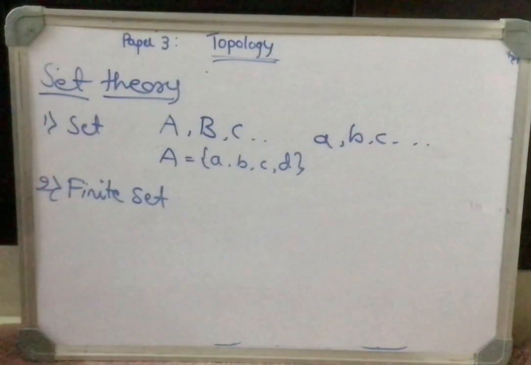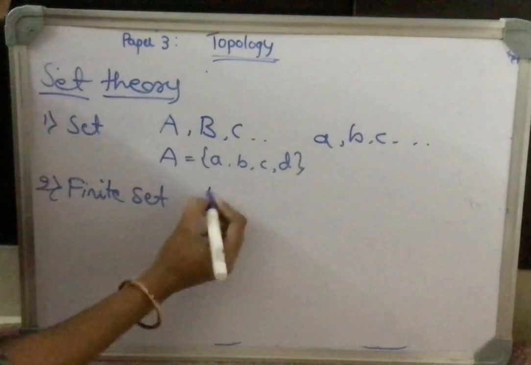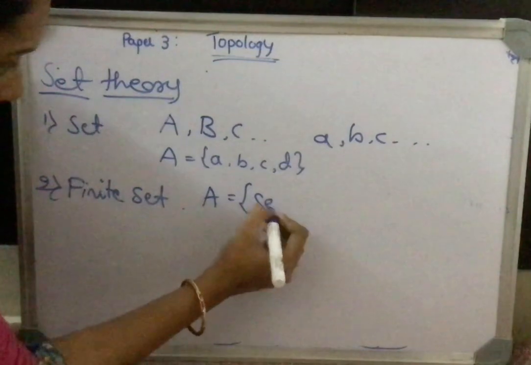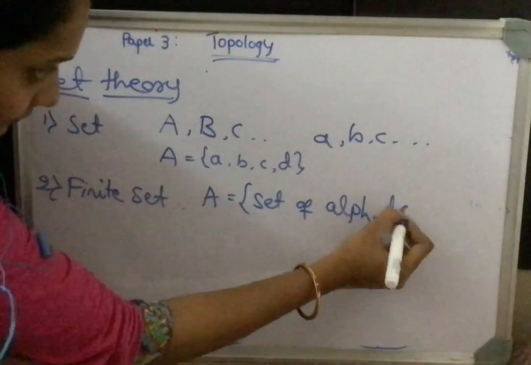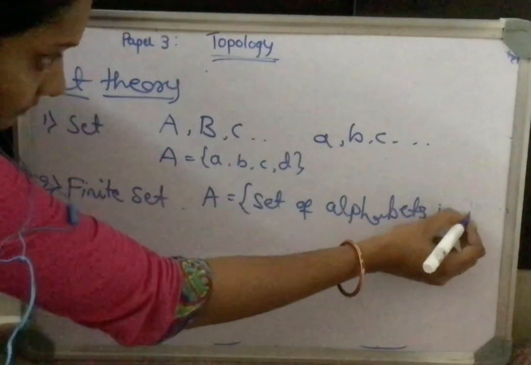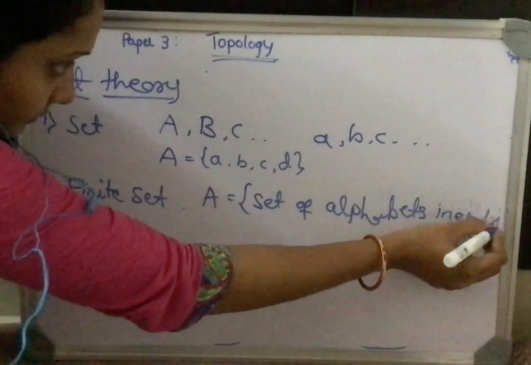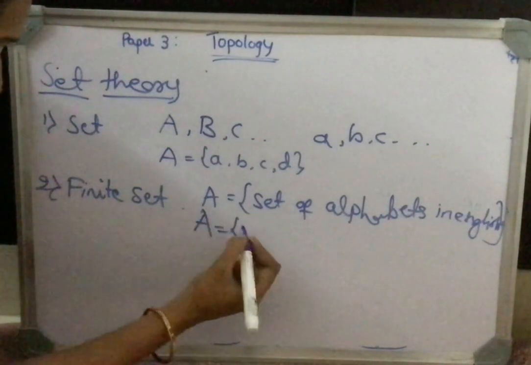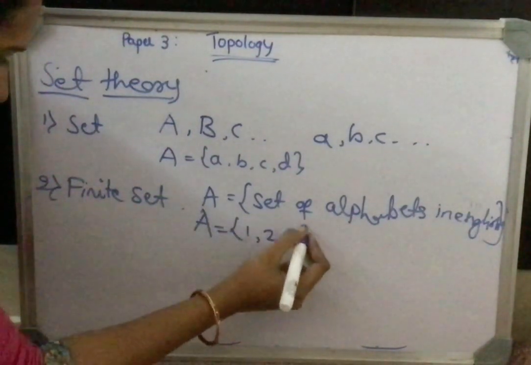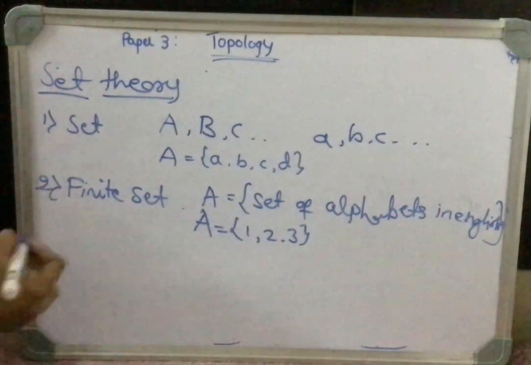A set which contains finitely many elements is called a finite set. For example, the set of alphabets in English, or A is equal to {1, 2, 3}. So it's a finite set.